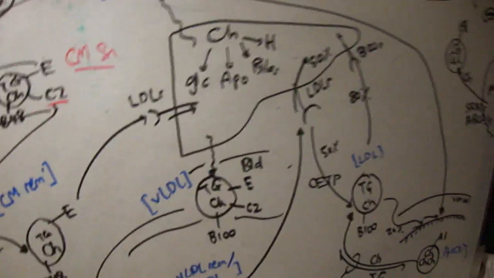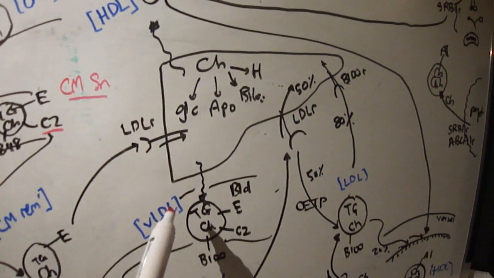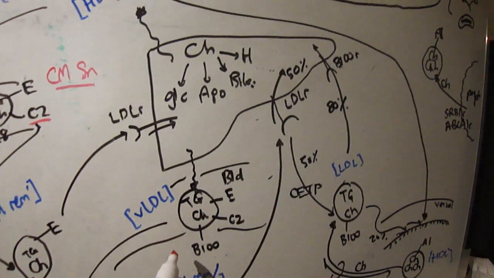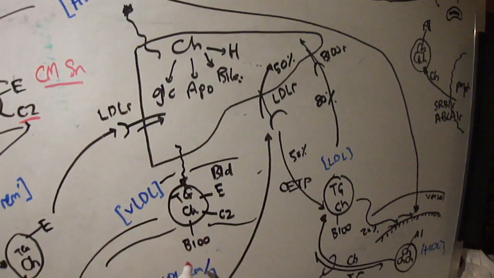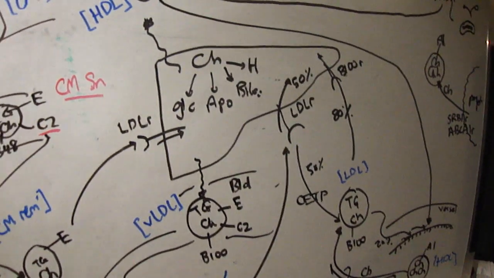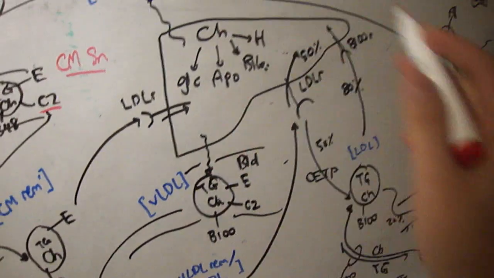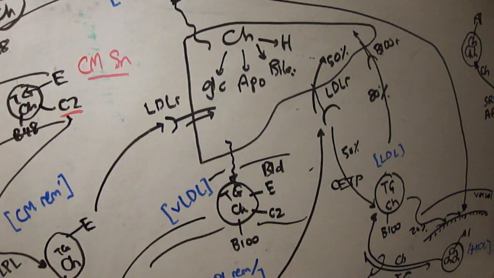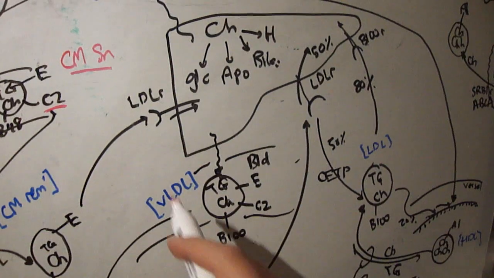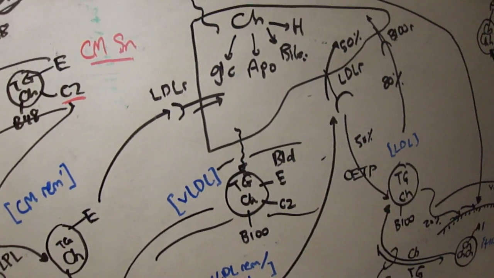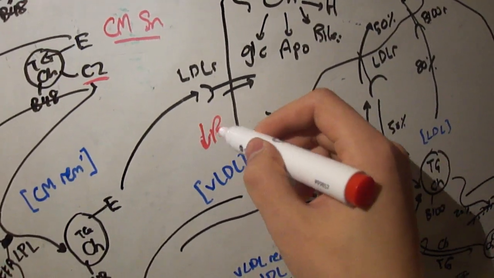Now the third thing is the endogenous pathway, where it makes the VLDL. Obviously to make a VLDL, you need to have apolipoprotein B. And so if you have a primary reduced apoprotein B, then you are not going to be able to make the VLDL, and that is a syndrome described as hypobetalipoproteinemia.